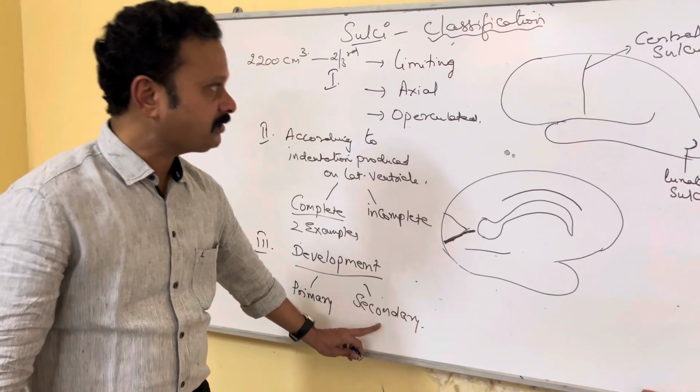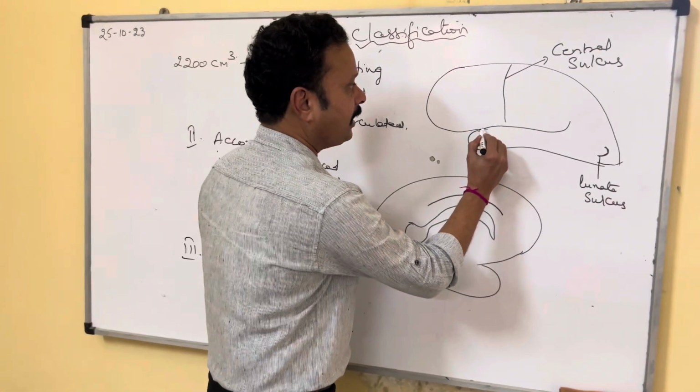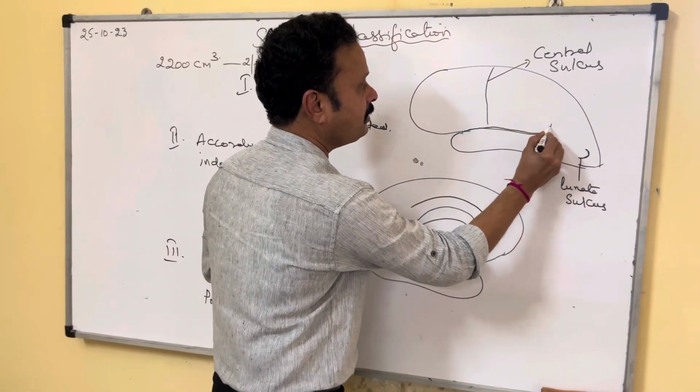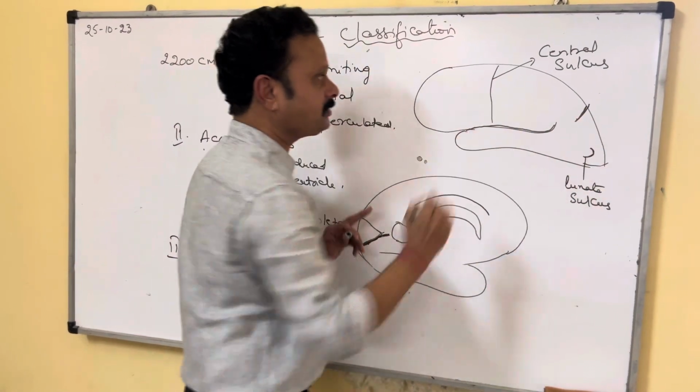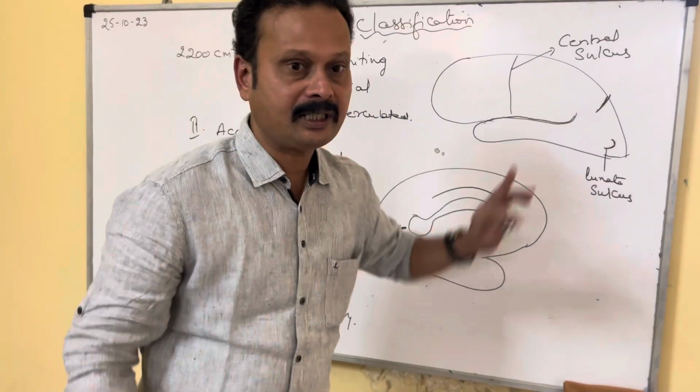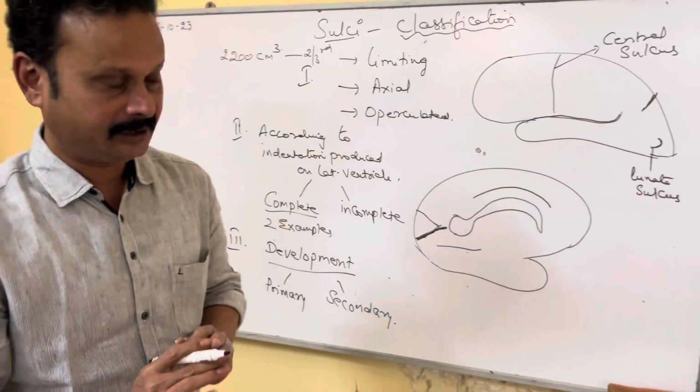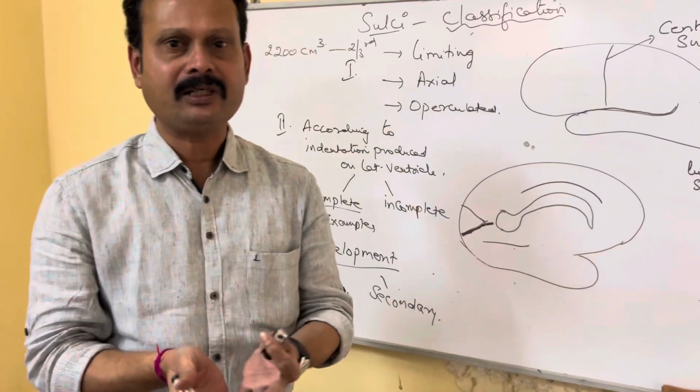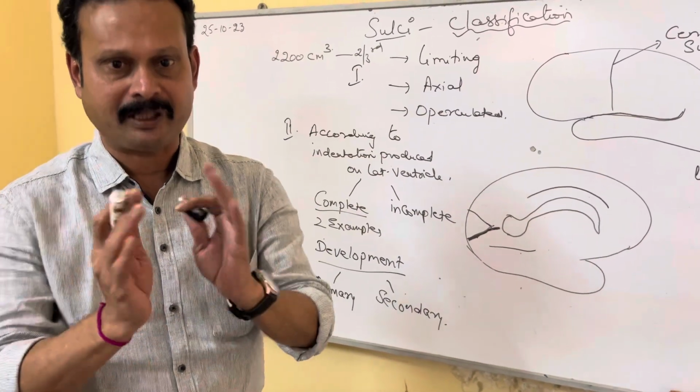The examples of secondary sulci are the lateral sulcus and the parieto-occipital sulcus. Rest all the sulci of the cerebral hemisphere are primary.